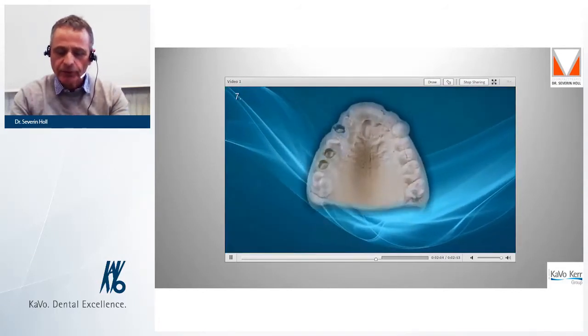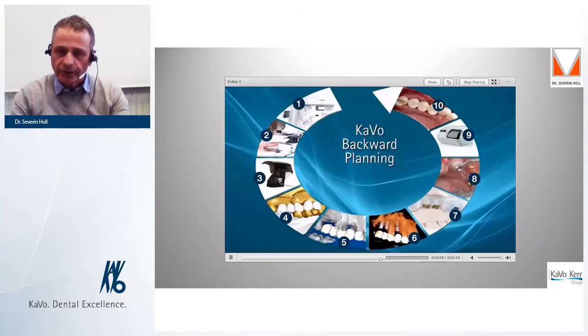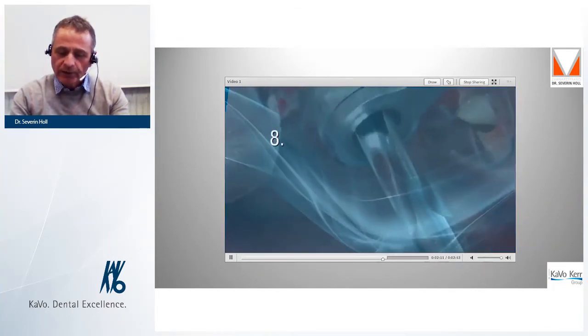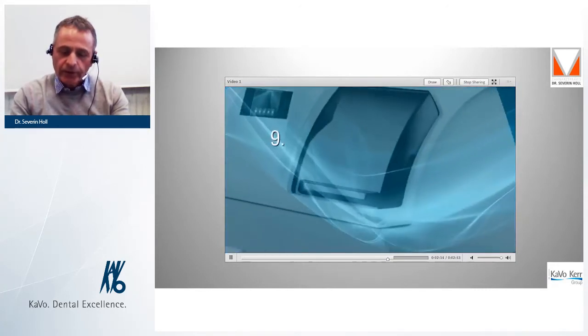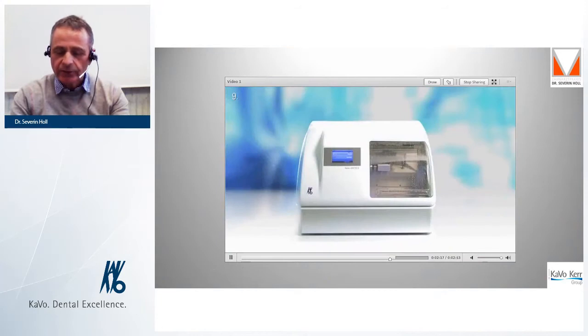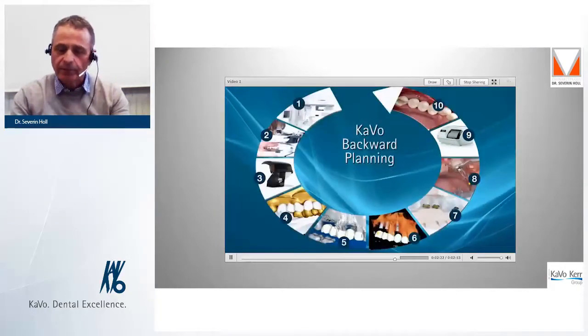With the help of this surgery template, we carry out the navigated surgery. More on that later. If desired, you can produce either an immediate restoration or a definitive bridge with the CAD/CAM method.